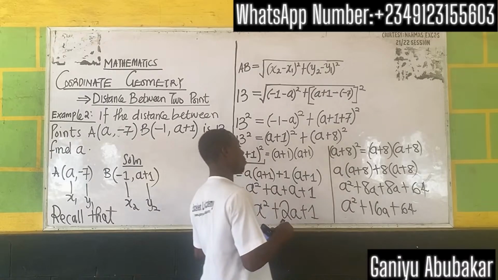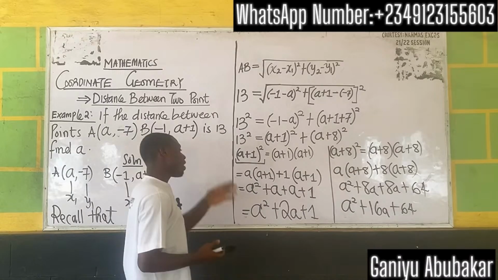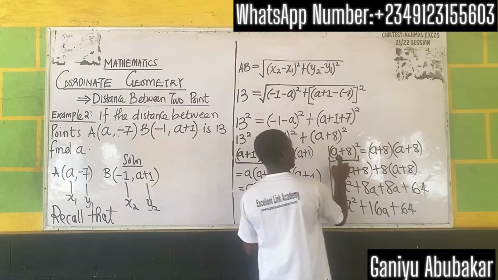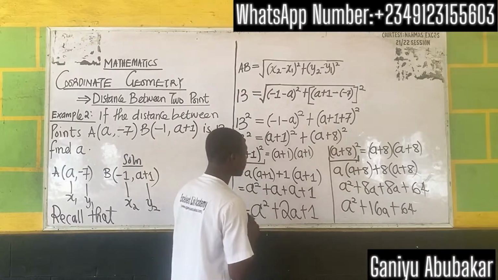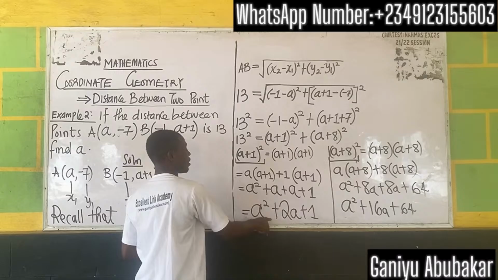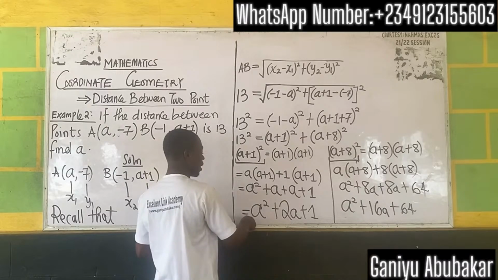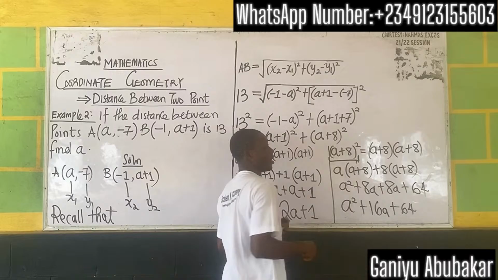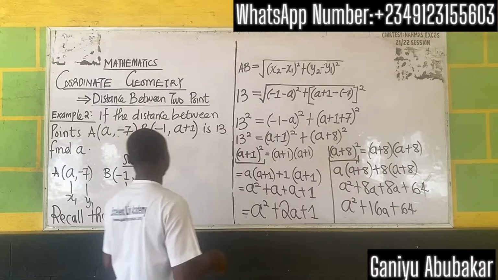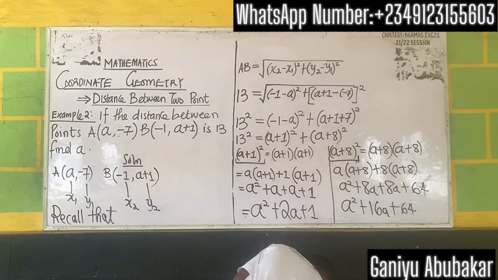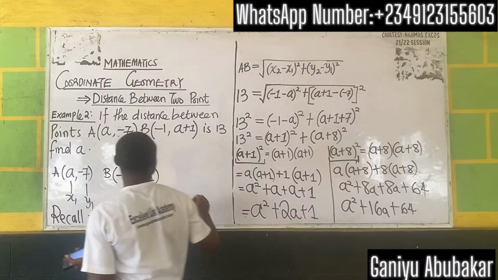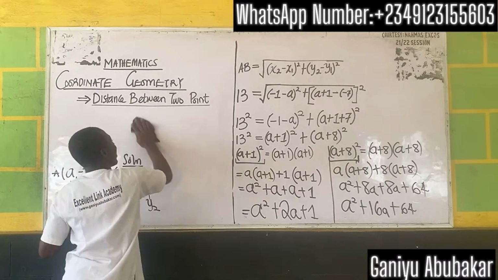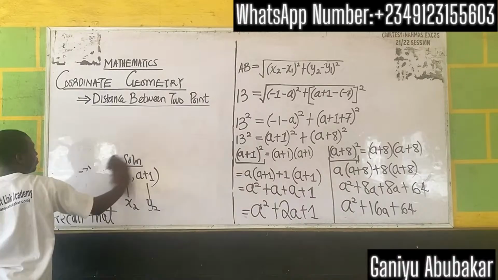Now observe, after expanding this one here, I had this answer. After expanding this one here, I have this answer. So I'll put this answer here, this answer here, and see what we get. Don't forget, we are asked to find the value of a.